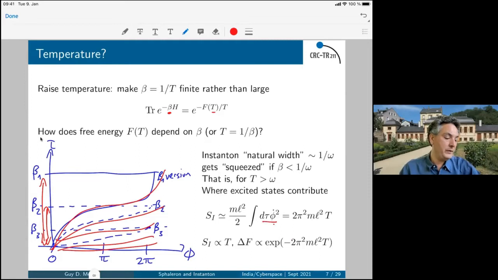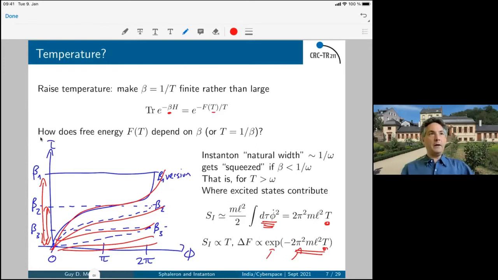And because of this contribution to the instanton's energy, that means action, sorry, that means that the action of the instanton actually grows linearly in the temperature. And that means that the exponential suppression of these processes gets worse and worse. And in this case, it's linear in the exponent, which is giving you the exponential suppression. So as you go up in temperature, the effect of this theta angle very, very rapidly disappears.